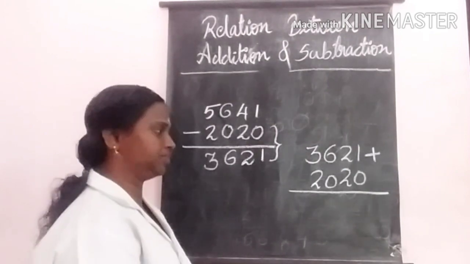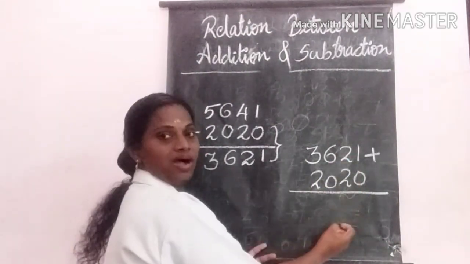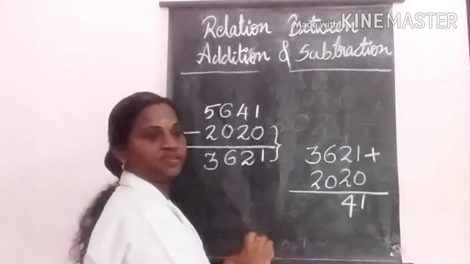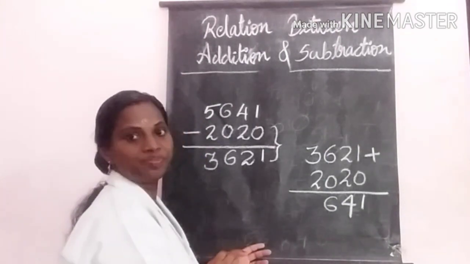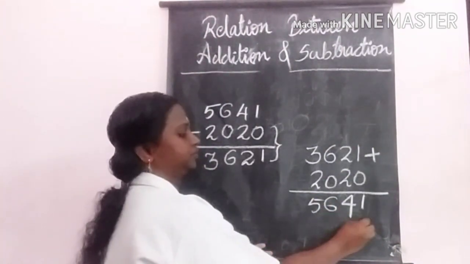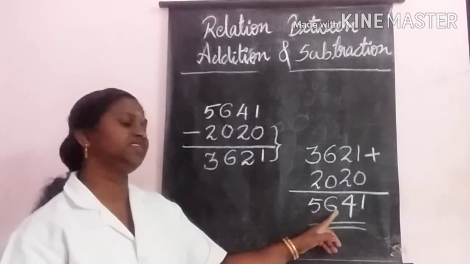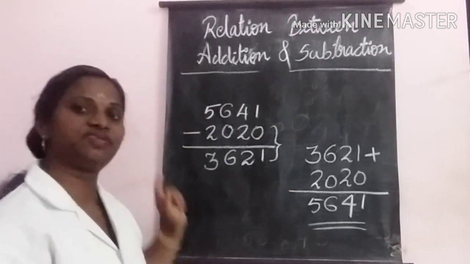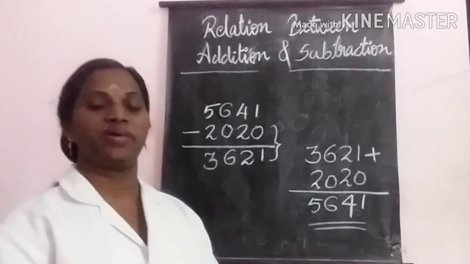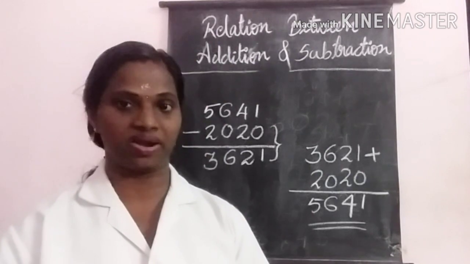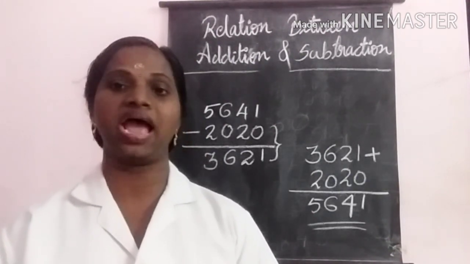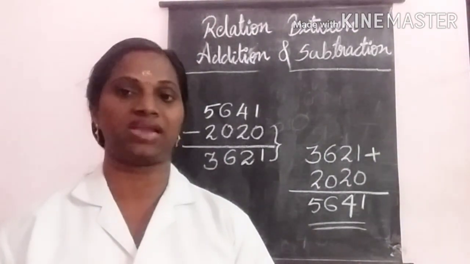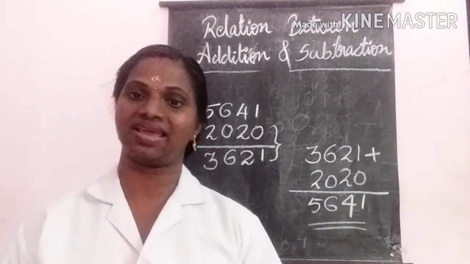When we add these numbers, we will get 0 plus 1, 1, 2 plus 2, 4, 0 plus 6, 6 and 3 plus 2, 5. See, 5641. This is the greater number, 5641. So, when we subtract these two numbers, we get one difference, and the difference will be added to the smaller number and we get the sum as the greater number. So, our answer is correct.